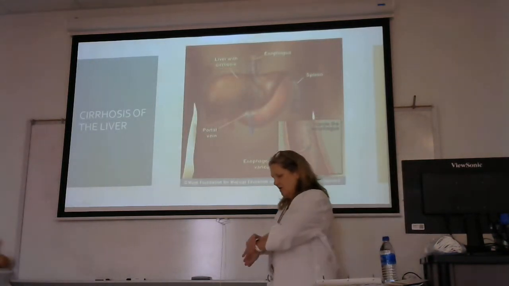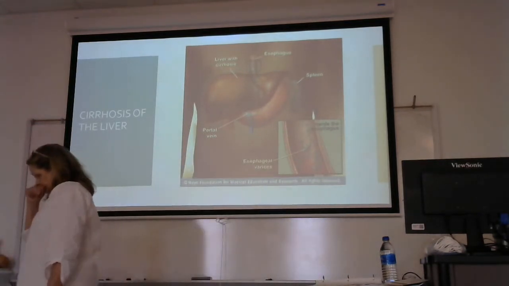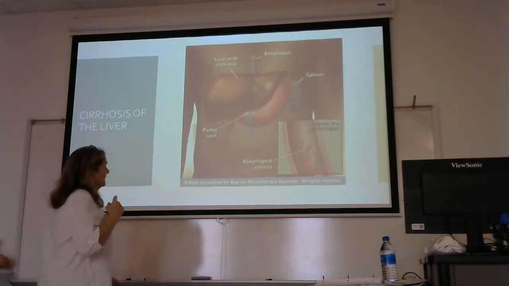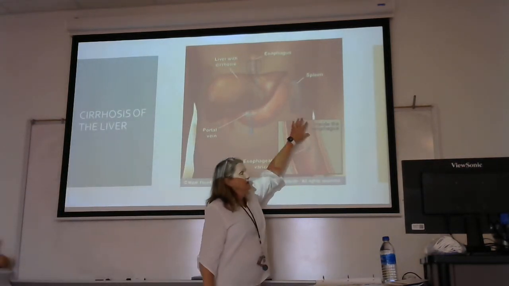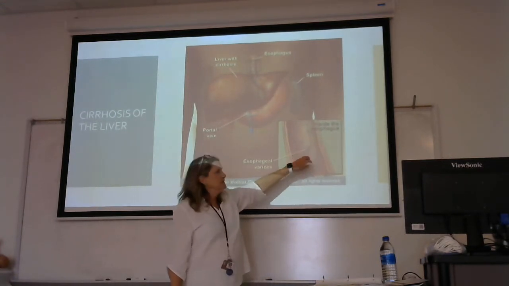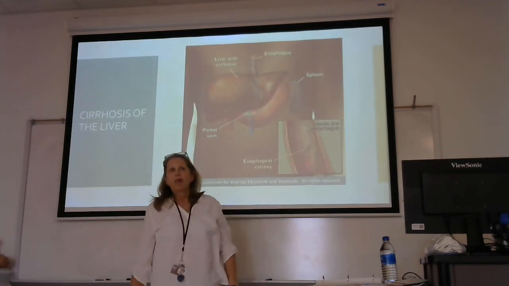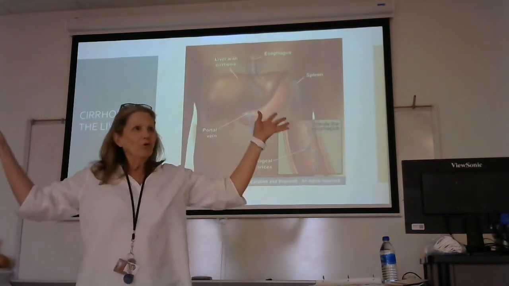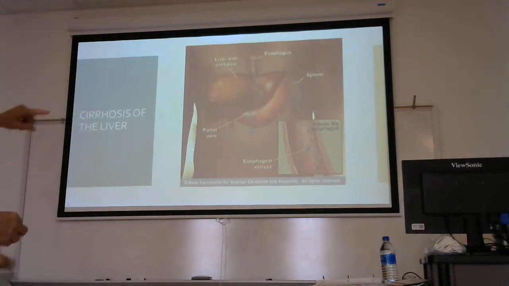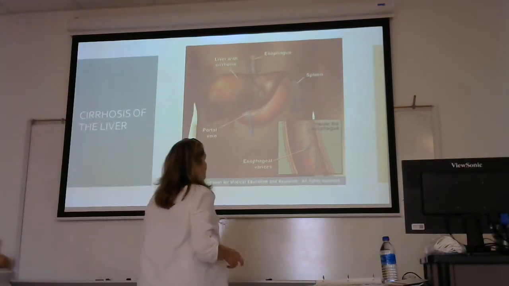Now another thing that happens is because of that high pressure that's developed. The veins in our esophagus, the vasculature here, the walls are not as strong because they're smaller. But they come right off of that portal vein with all that high pressure. And so they develop these little out pouches that are called varices.